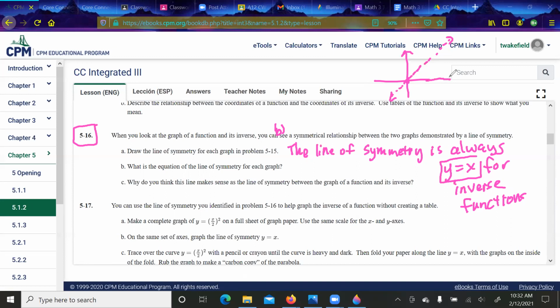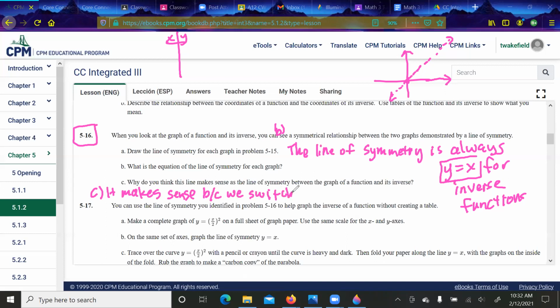Okay, so hopefully you learned that today. That's important. Why do you think this line makes sense as the line of symmetry between the graph of the function and its inverse? What did we do with our table? It makes sense because don't we switch the x and the y?